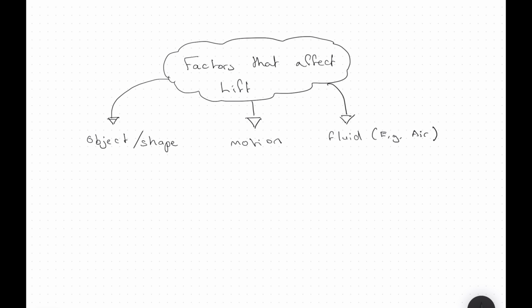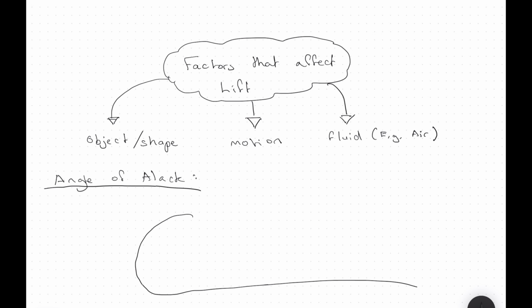Additionally, we have another factor that affects lift, and that is called the angle of attack. Basically, the angle of attack is the angle between the chord line of an airfoil and the relative airflow. Let me show you what I mean by the chord line, if I haven't already explained it.